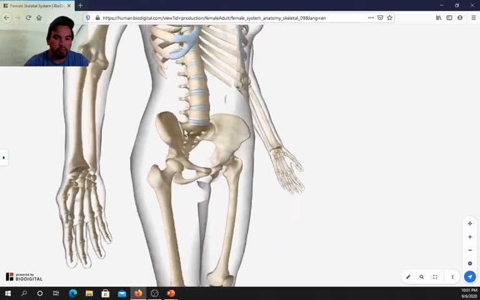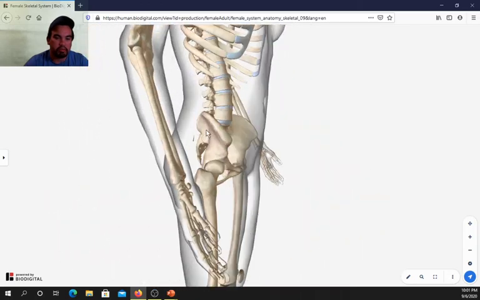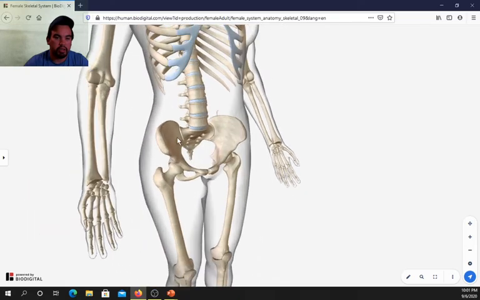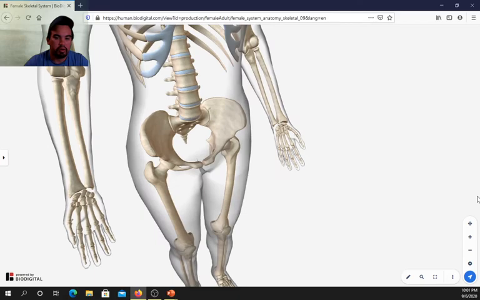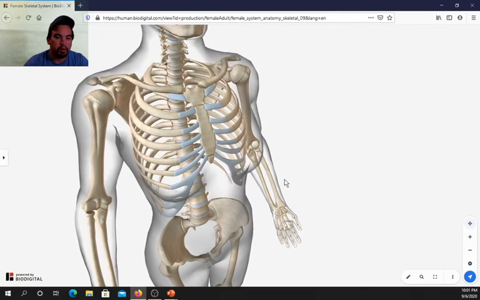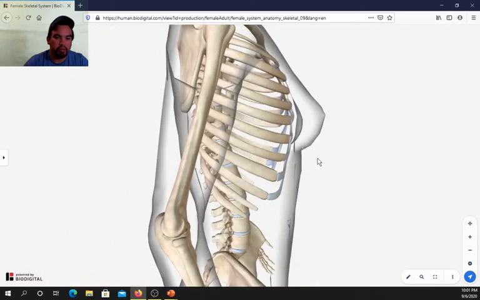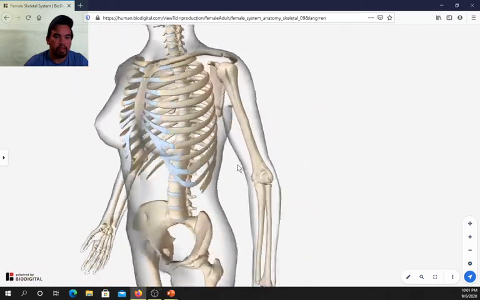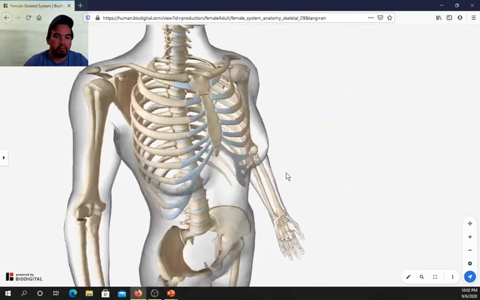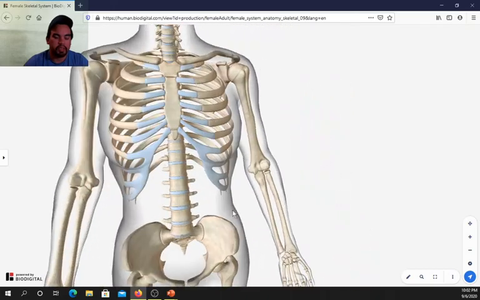If you look at the inside and the outside, it's pretty flat. Look at our ribs. Look how flat those ribs are. Very flat. A scapula, look at that. Made just for protecting, right?